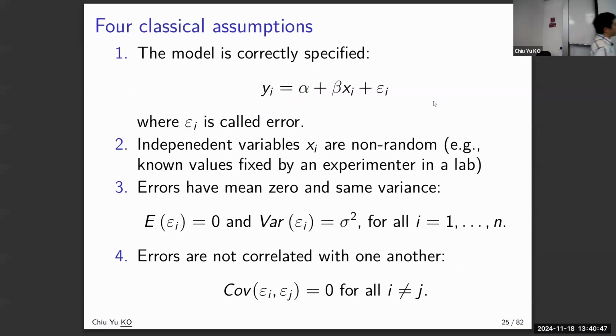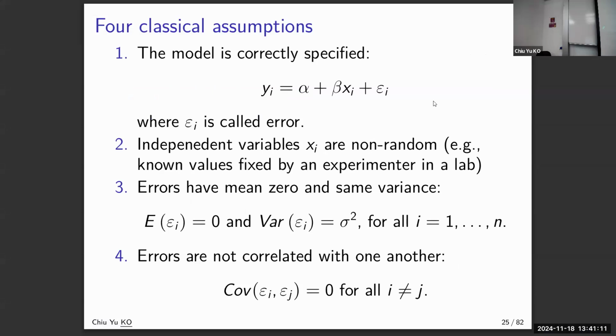Before that, we have no idea of that, just given the data, best fit. Now we talk about data. We collect some sample, then we have some assumptions, and we'll show you that the method we described, the least squares method minimizing the vertical distance, has a very nice property, and that's why everything goes very well.